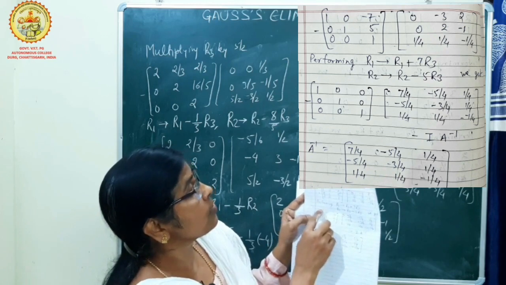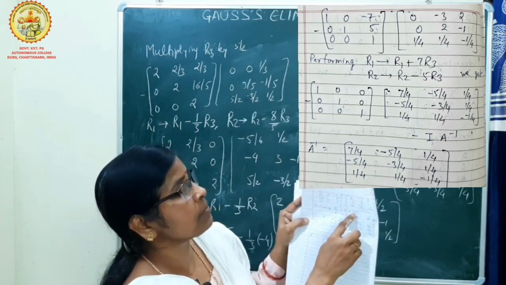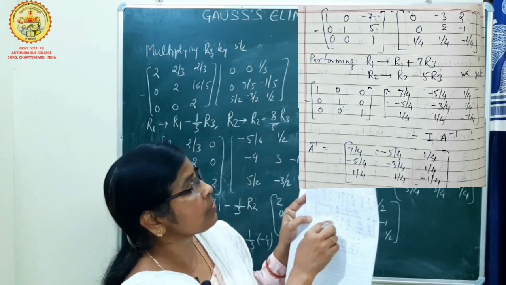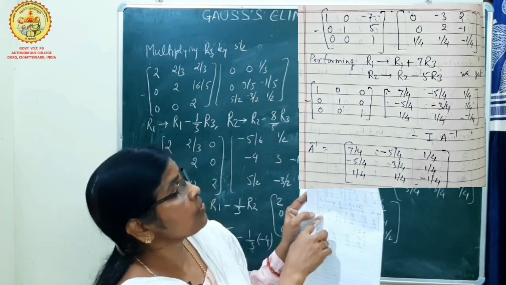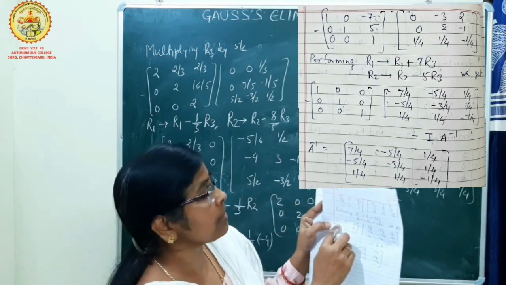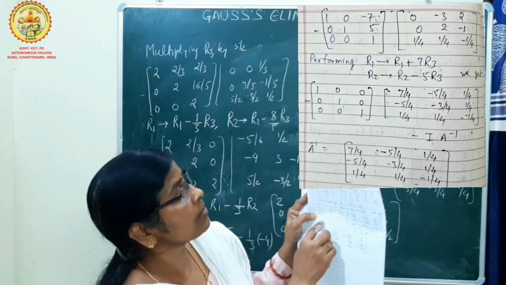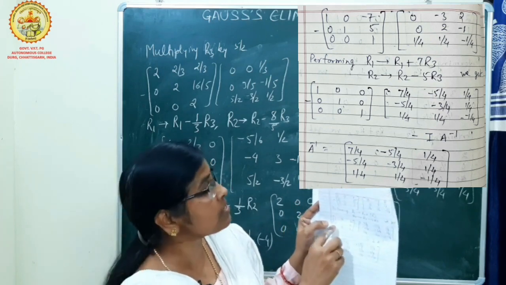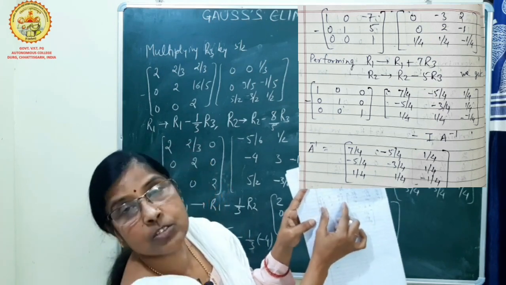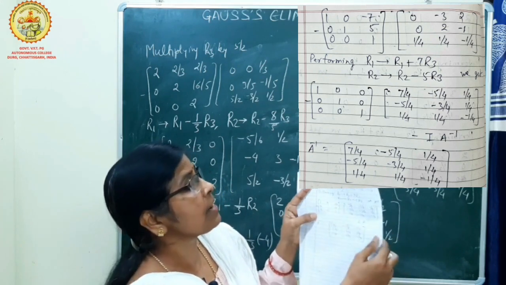We get 1, 0, 0, then 0, 1, 0, and the third row as it is, 0, 0, 1. So we get the identity matrix.